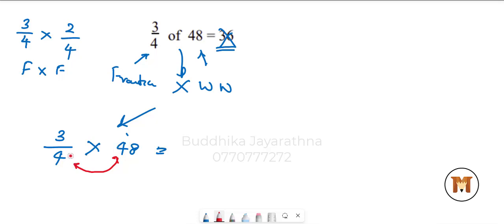So therefore you can use the cancelling method. 4 times 1 is 4, and 4 times 12 is 48. So you can divide, or you can just cancel 4 times 12. Then you have 3/1 multiplied by 12. A denominator of 1 is actually nothing.